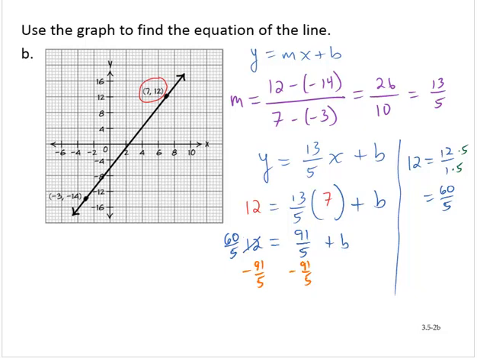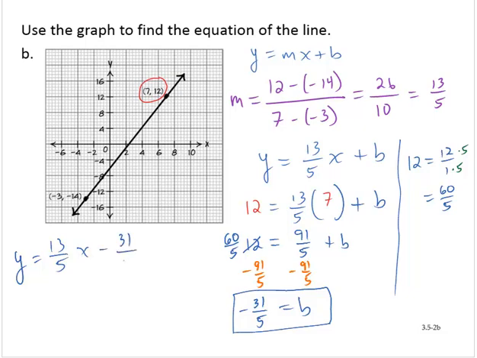Subtract 91 over 5 is negative 31 over 5, which is b. Now that I have that b value, I can write y = 13/5 x - 31/5.